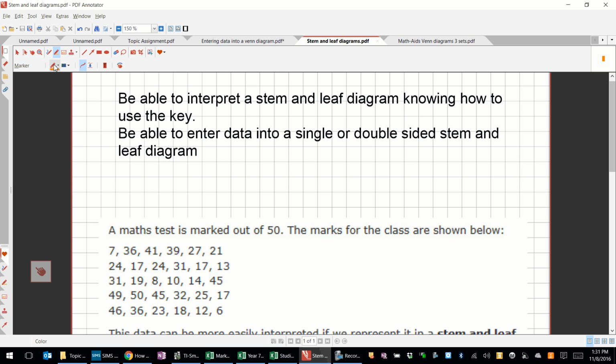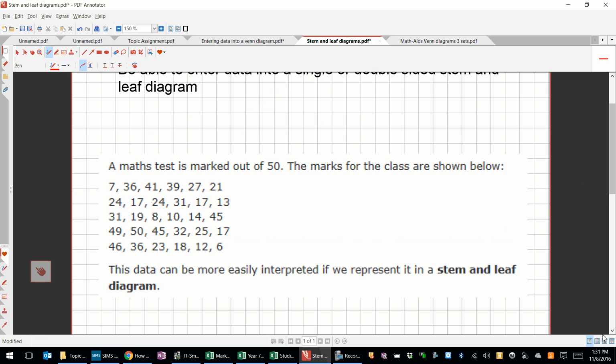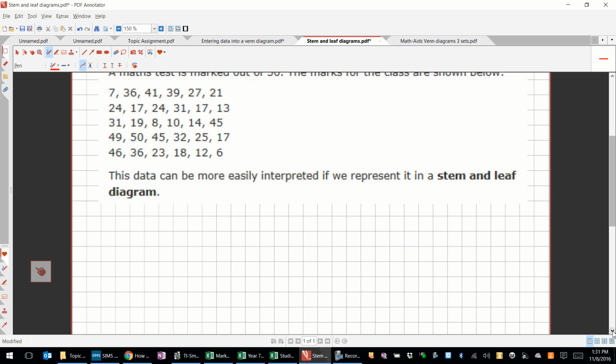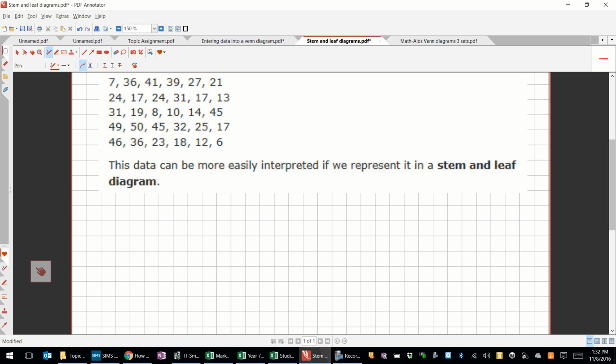What do you think they are? The two parts of a stem and leaf. A stem and a leaf. So we have a stem and leaves. Okay, so when we look at our data and we want to do a stem and leaf diagram, we've got to sort out what the stem is going to be.